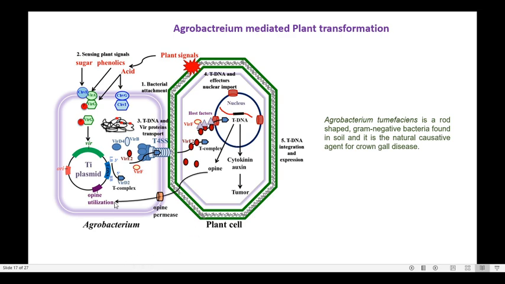Normally plants will not produce these opines and agropines, which are needed for the Agrobacterium to survive. But by infecting and transferring the T-DNA, the Agrobacterium makes the plant produce the nutrients it needs. Thus this is a natural bioengineer.